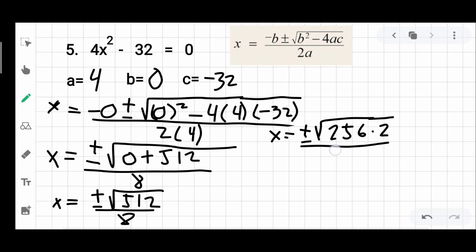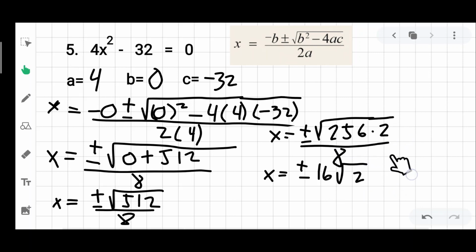Then all over 8. So, ang square root ng 256 is 16. Okay, so bring down x equals positive and negative 16 square root of 2. So, yung 2 nakakulong pa din kasi yung 2 hindi siya perfect square.